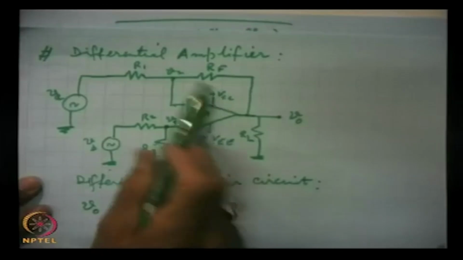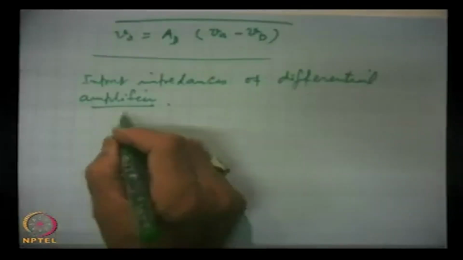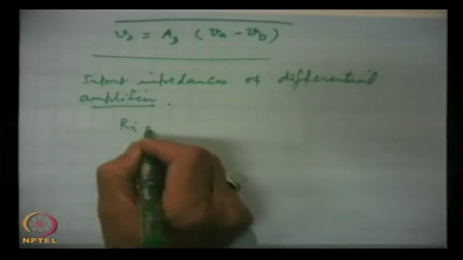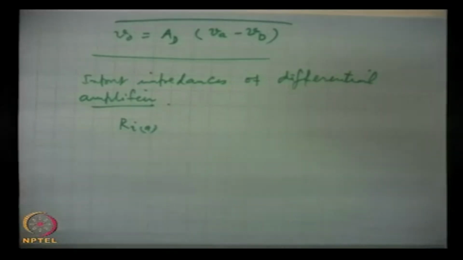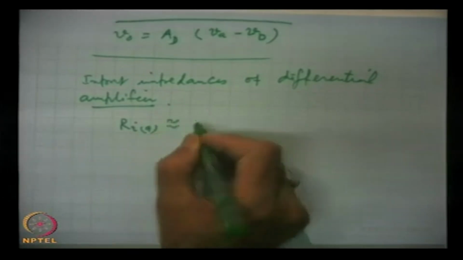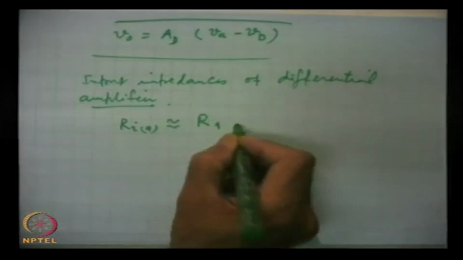The inverting part of it, that is RIA, the input impedance because of the inverting amplifier, we know is equal to R1.